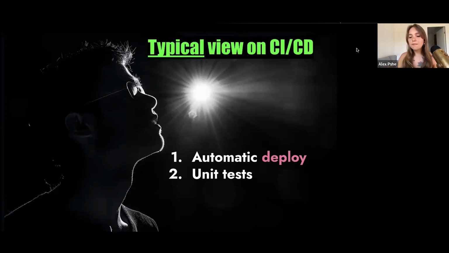And normally that's all. So our CI/CD pipeline contains three basic layers: automatic deploy, unit tests, and system checks. But I'm trying to suggest an approach where we can put much more useful functionality into our CI/CD pipeline for us as testers. So what can it be?